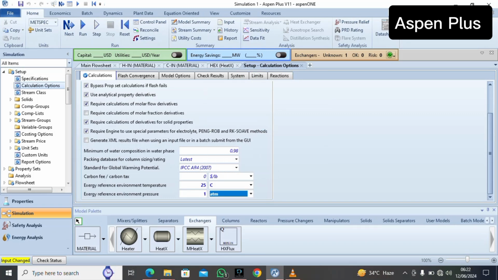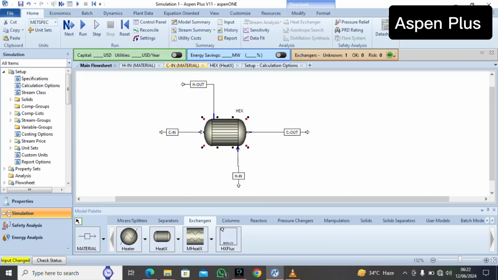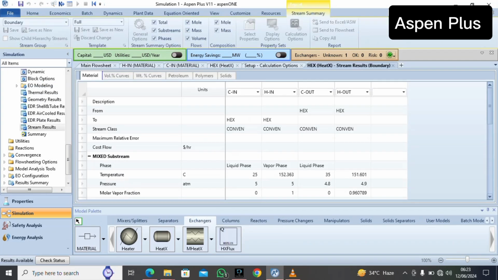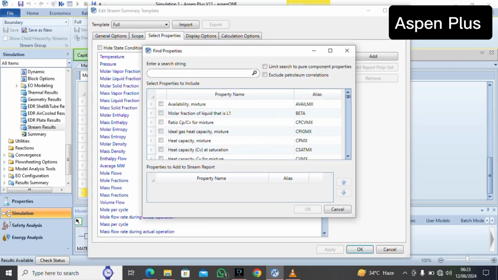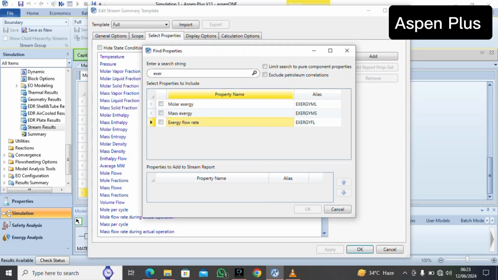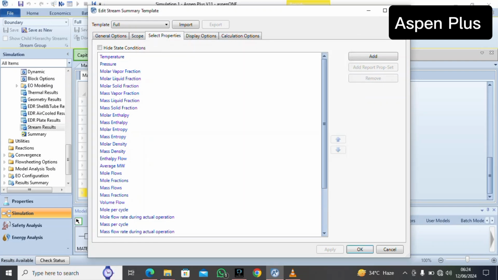Then you go back to the stream results, and here you see no exergy calculation is available. Now we click on exergy, click OK.